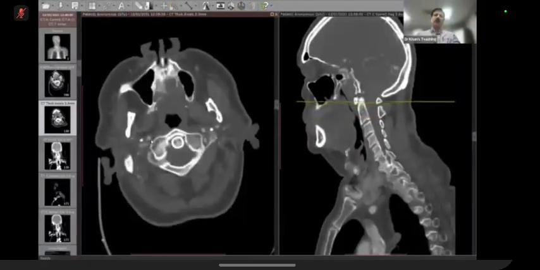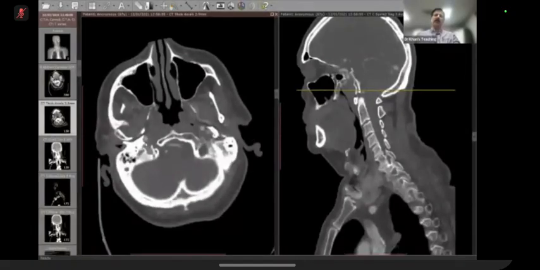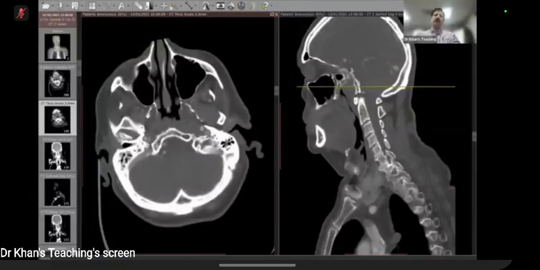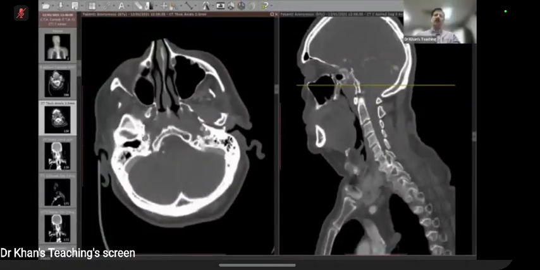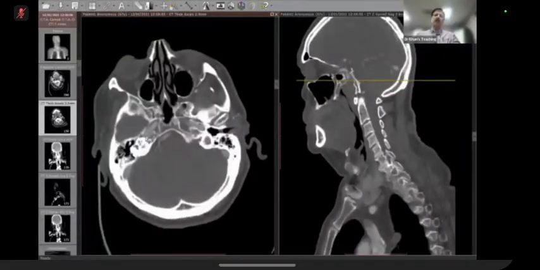And now this internal carotid artery goes superiorly and it is touching the base of skull. And here, this is the vertical portion, where you can see it as a cross section, because this is the vertical portion of the carotid canal as we had described. Now you will see it will become horizontal. Now it has become horizontal.